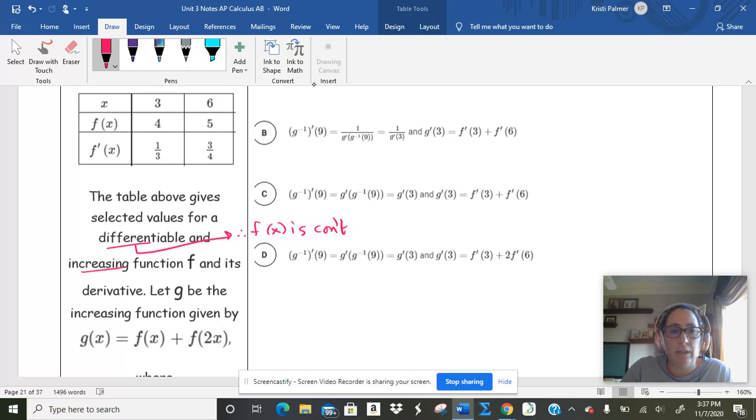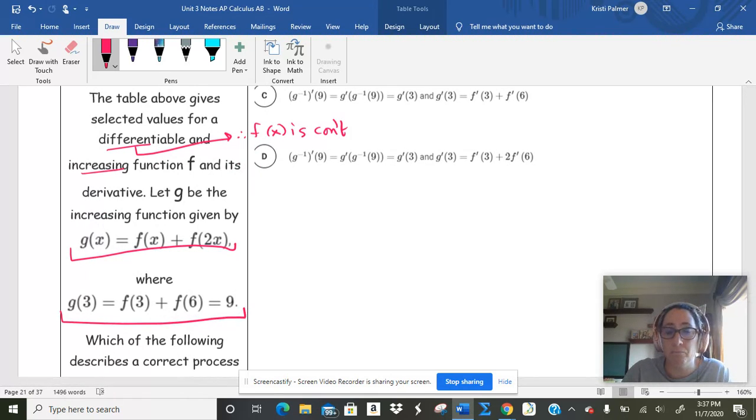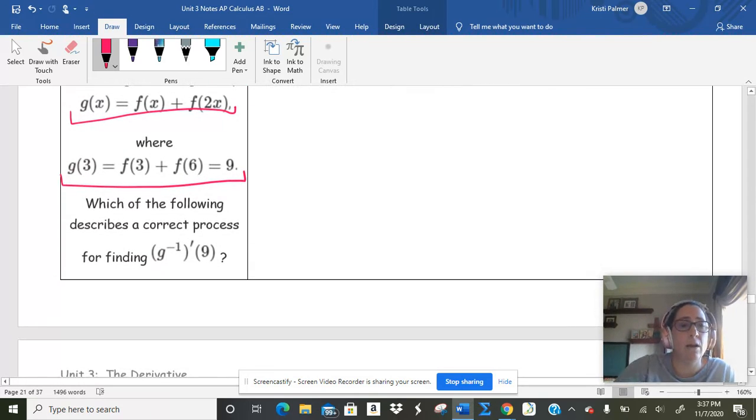So let g be the increasing function given by this, where g of 3 equals 9. Just like, okay, thank you for that info so far. Oh, look at this. Which of the following describes the correct process for finding g inverse prime of 9?